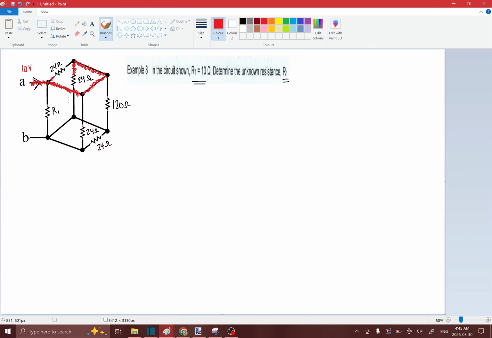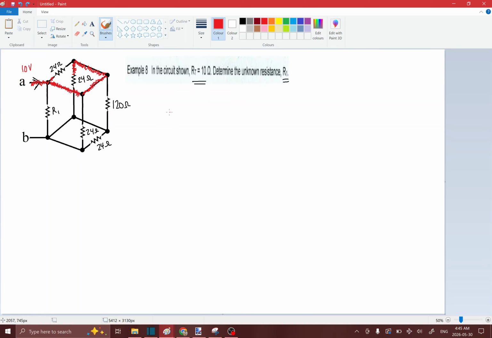So it seems like there's really two ways to get to this point over here. One way would have been to go through this 24 ohm resistor, and the other way was to go around like that. And since we can get to this point over here without going through this resistor, we know that the electricity is not going to go through this resistor at all, because it has two different ways that it can go, and it's going to follow the path of least resistance.